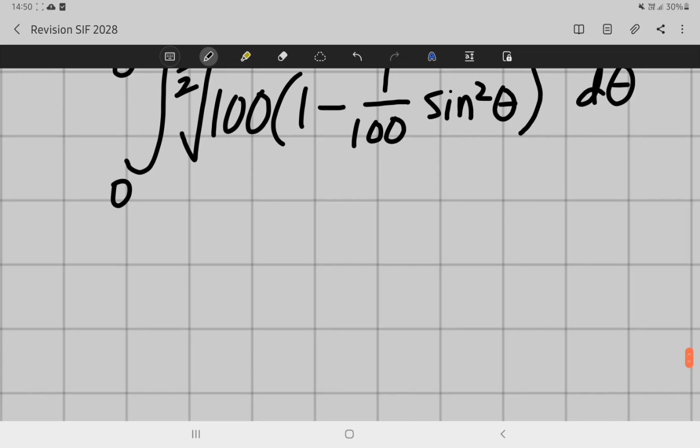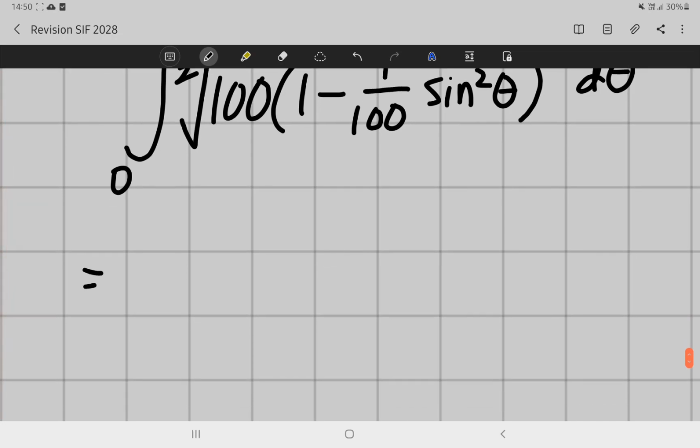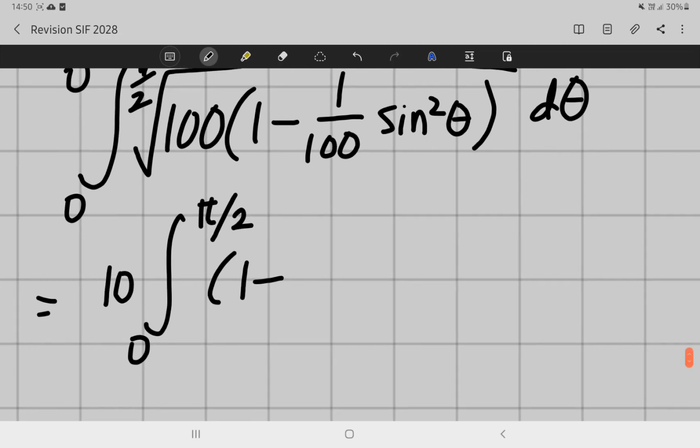So we can pull out the 100, giving 10 times the integral from 0 to pi over 2 of 1 minus, so 1 over 100 is just 1 over 10 square, sine square theta.